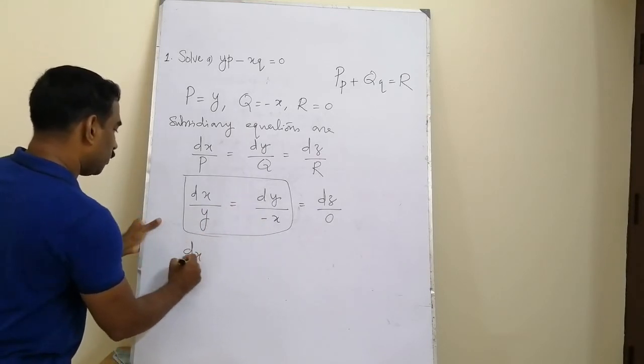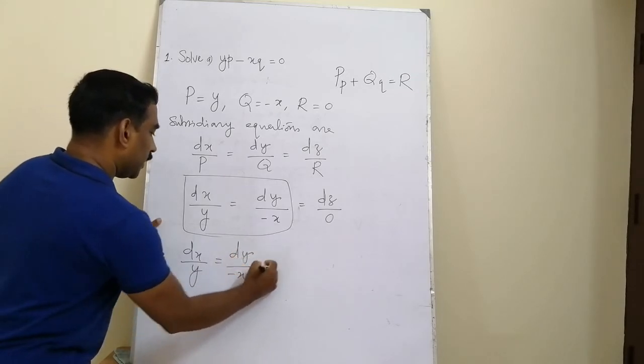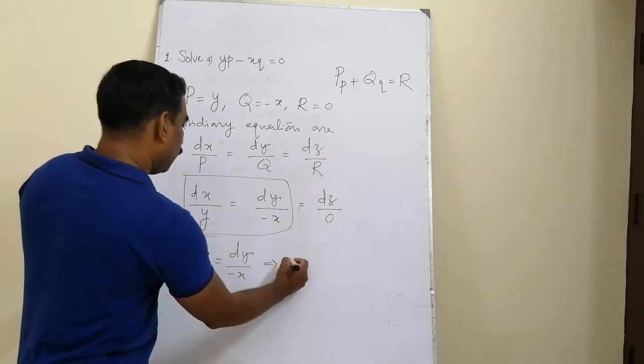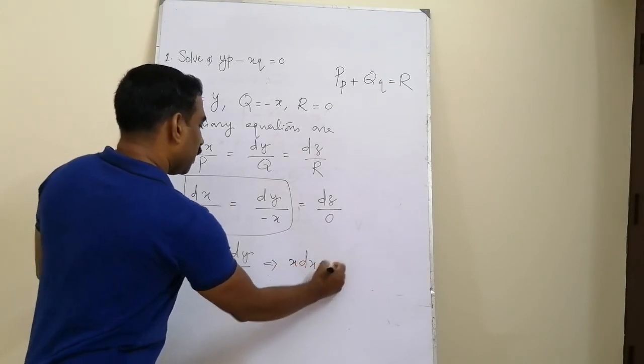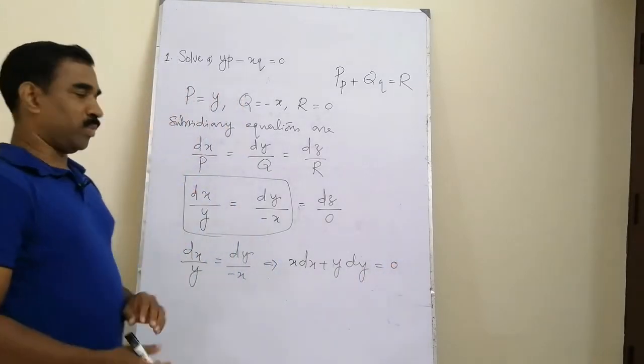dx by y is equal to dy by minus x implies we can separate this equation in the format. After cross multiplication, we get x dx plus y dy is equal to 0. That is an integrable format.